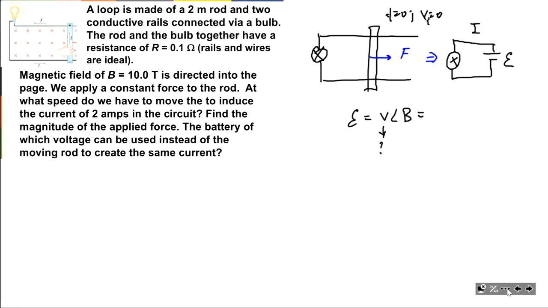Well, the thing is that as soon as electric current starts traveling in the circuit, we also have electric current traveling through the bar, which is traveling in the magnetic field.